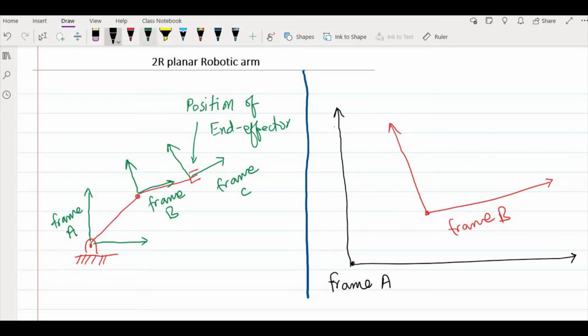And then we have frame C, which is again rotated and translated with respect to frame B.